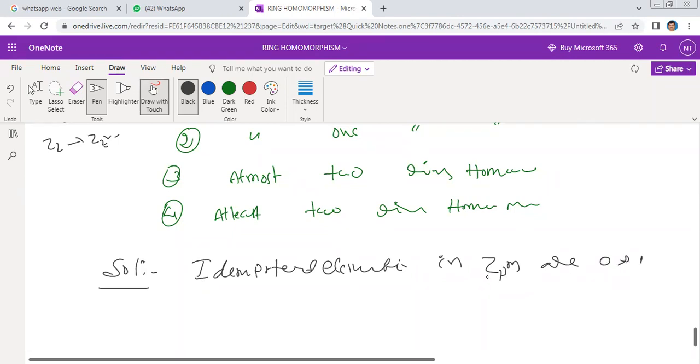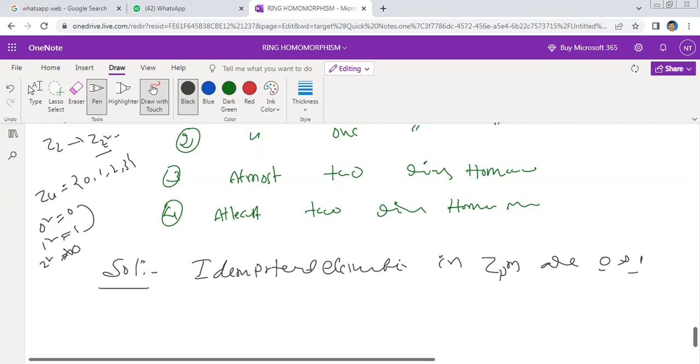Take Z4: 0, 1, 2, 3. How many idempotent elements are there? 0 squared is 0, 1 squared is 1, 2 squared is 0, so 2 is not idempotent. Only 0 and 1 are idempotent. In any such ring, the idempotent elements are 0 and 1.